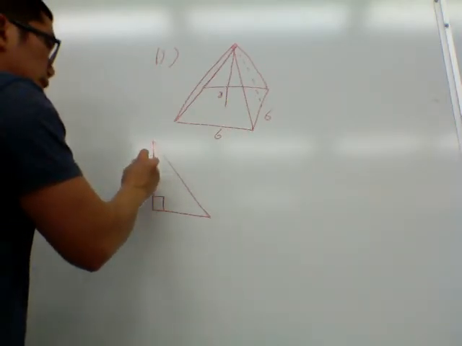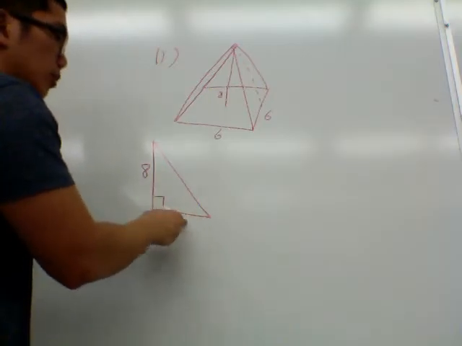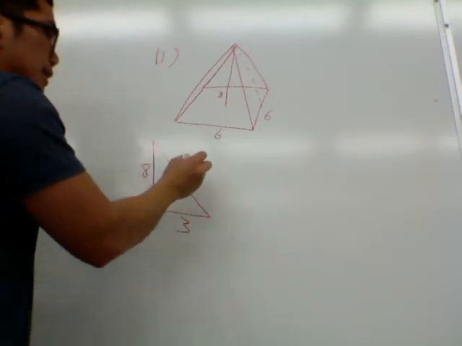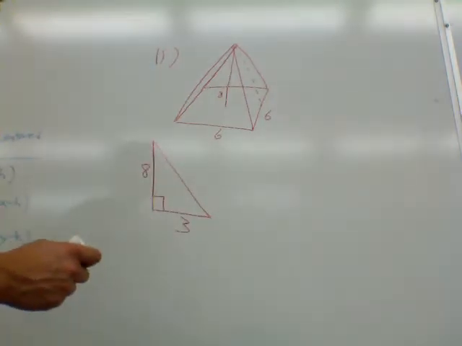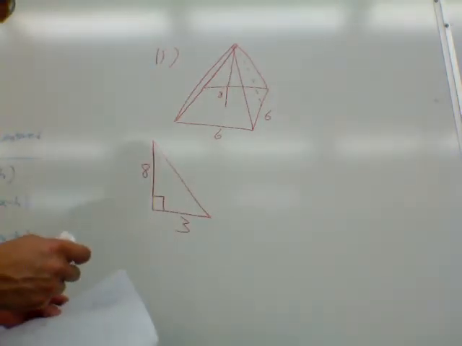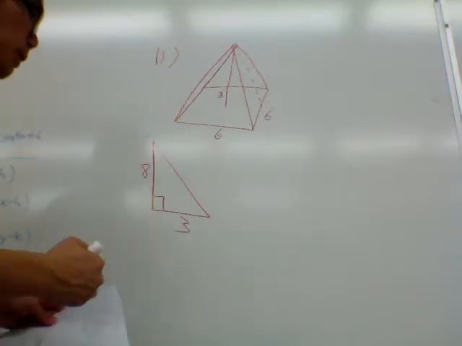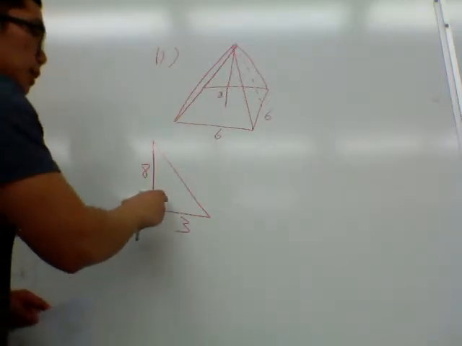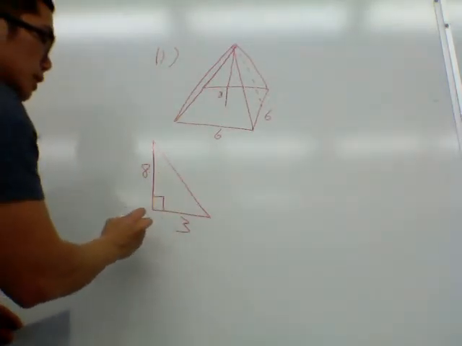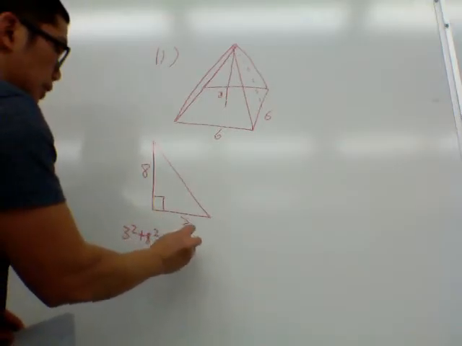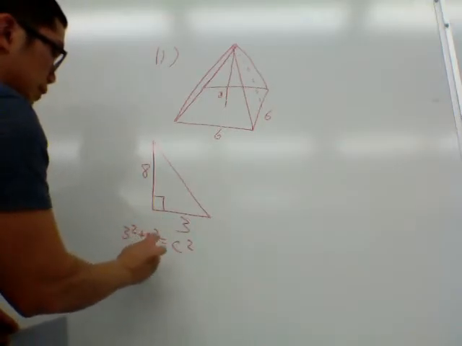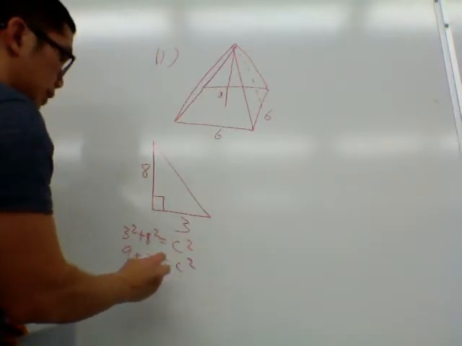So I know I'm going to cut this in half. I'll cut the bottom one in half to make this 3. That's 8. And then we need to find what the missing side is here. So I'm going to go ahead and use Pythagorean Theorem. Now remember, what I'm trying to find is the hypotenuse this time. So it's going to be 3 squared plus 8 squared is equal to c squared. So 9 plus 72 is equal to c squared.